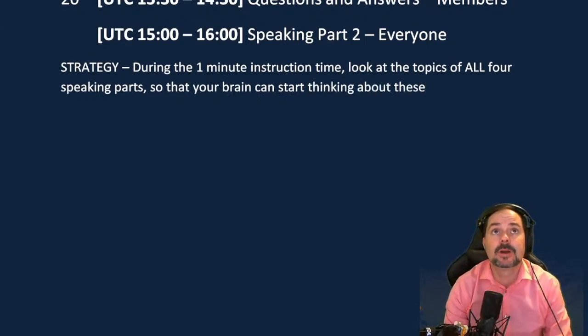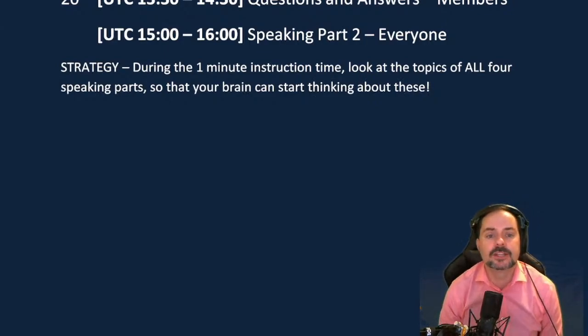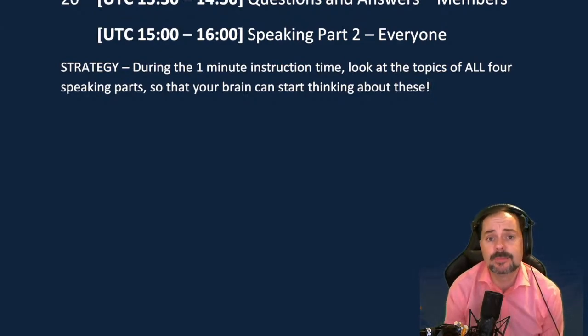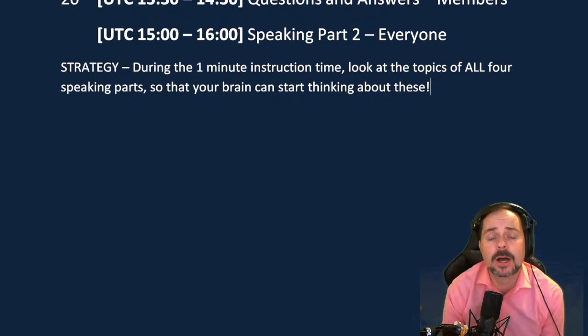Okay? All right. So that's what we're going to do, okay? So during the 1 minute instruction time, and then as soon as the instructions are over, you want to come back and start reviewing the questions for part 1 so that you can really get going on it, okay?